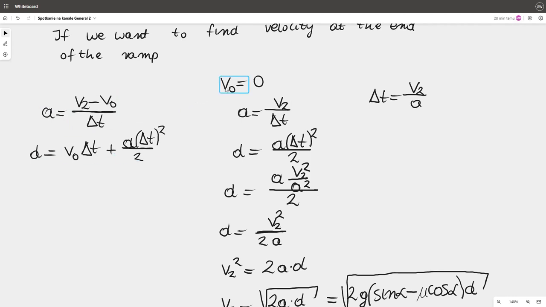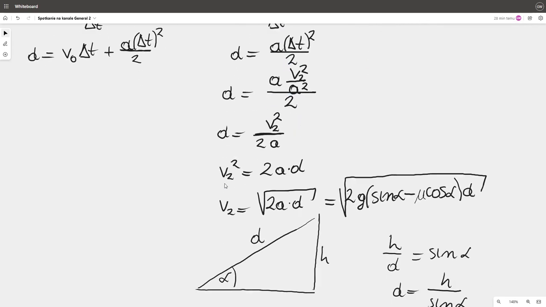Initial velocity is equal 0, so these equations change form to this and this. We get rid of time from these equations and find equation for v2, final velocity. It's done here and here.